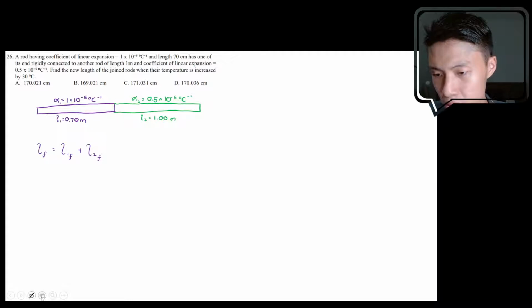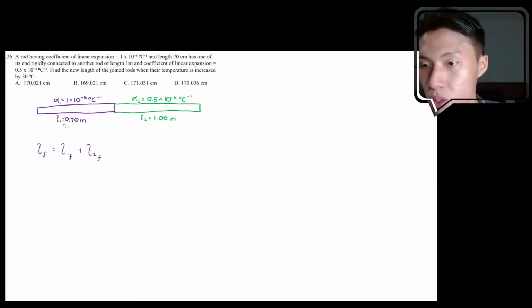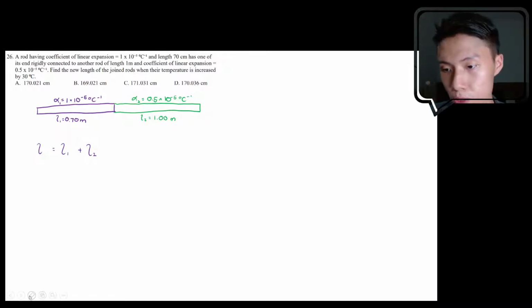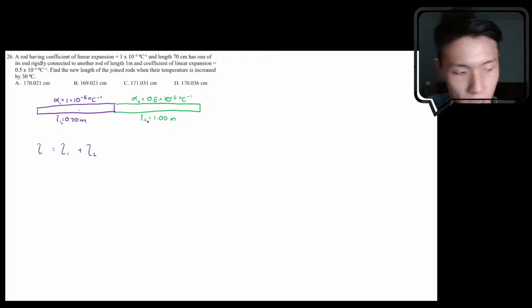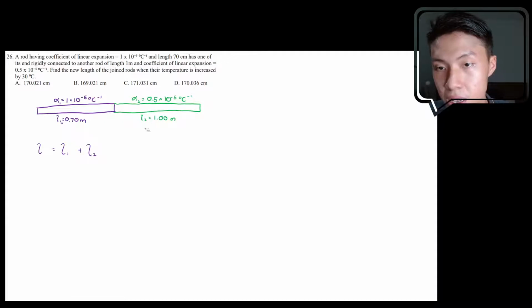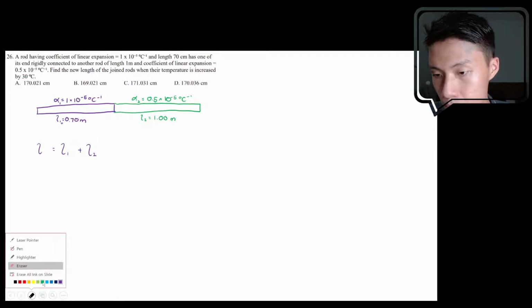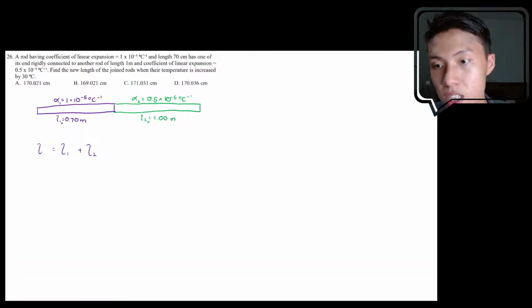Probably you should do that, since that is closer to what your syllabus uses. So I call it L equals L1 plus L2, but I'm going to call the original lengths L1 naught and L2 naught. Sorry, it should be in green. Okay, so this is the situation we have.